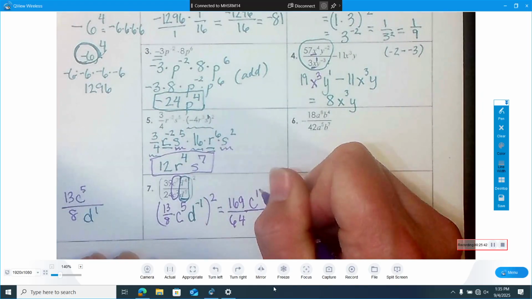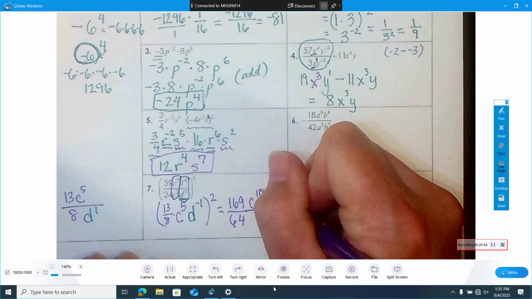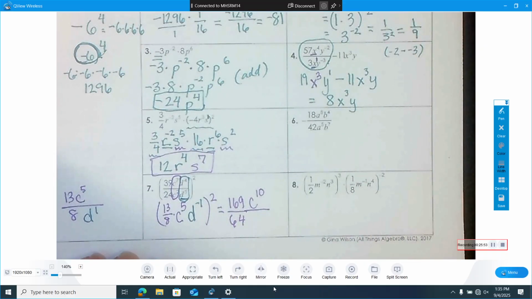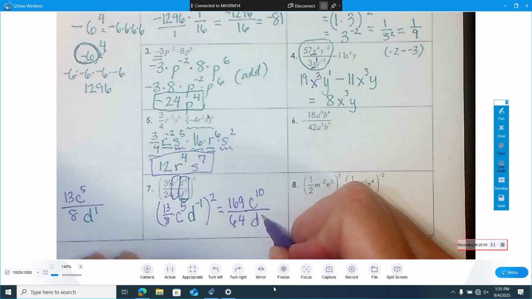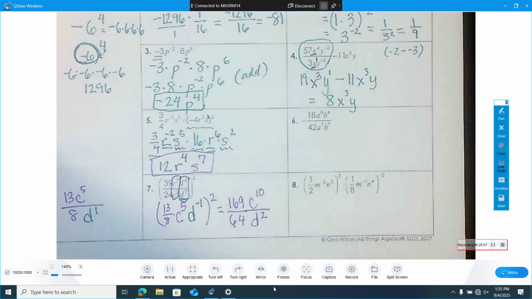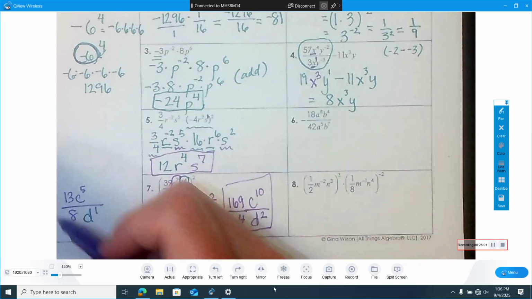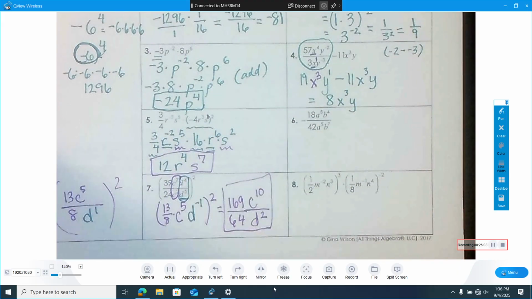C to the 10th. Multiply your powers. And then here I have d to the negative 1 squared. So we multiply those, we get a negative 2. Where does d to the negative 2 go? Downstairs. Got to move it down to make it happy. That is a great answer right there. And this one would still have to be squared. You'd still get the same thing. Again, lots of ways to do this.